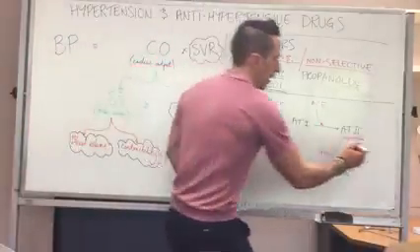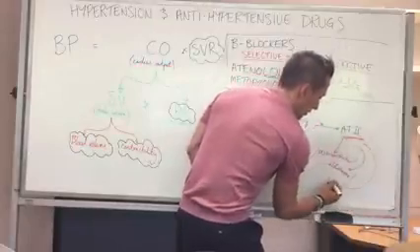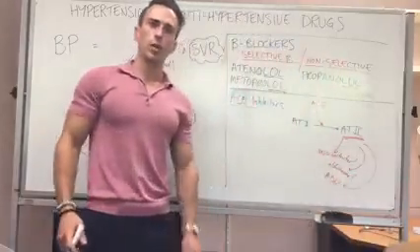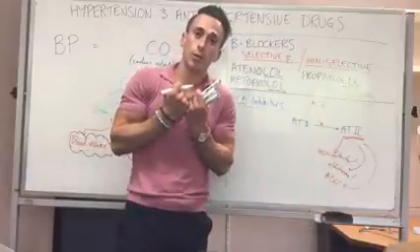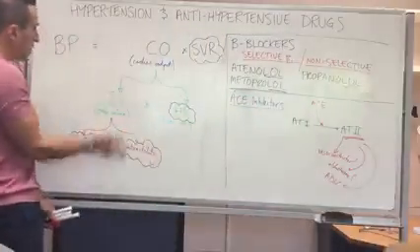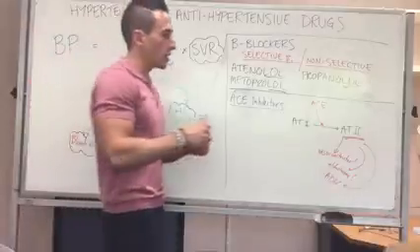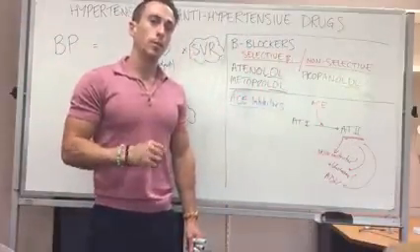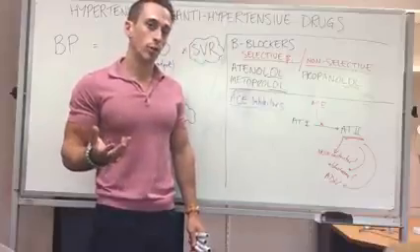What else? Angiotensin 2 stimulates the release of antidiuretic hormone. What does that do? It tells the kidneys to hold on to water again. Holding on to water increases blood volume, increases blood pressure. So angiotensin 2 is released into the body to increase blood volume and blood pressure.